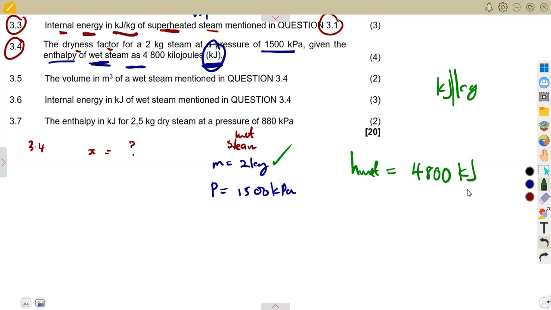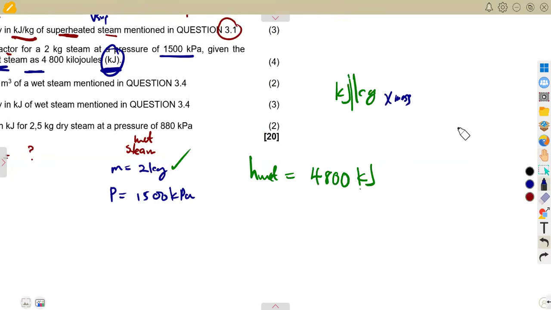This one, we multiplied by mass to get this. Remember what I said? Kilojoules per kilogram times mass gives us kilojoules. You have removed per kilogram. Per kilogram is no longer there. You have removed it by the mass.